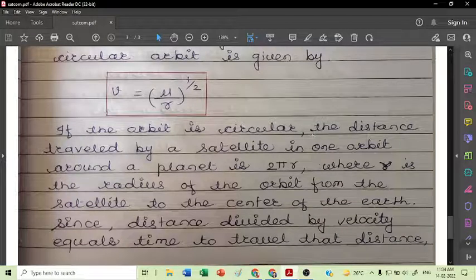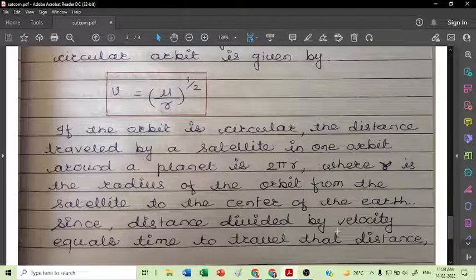Now, if the orbit is circular, the distance travelled by a satellite in one orbit around a planet is 2 pi r. This condition is applicable for the circular orbit, where r is the radius of the orbit from the satellite to the center of the earth.